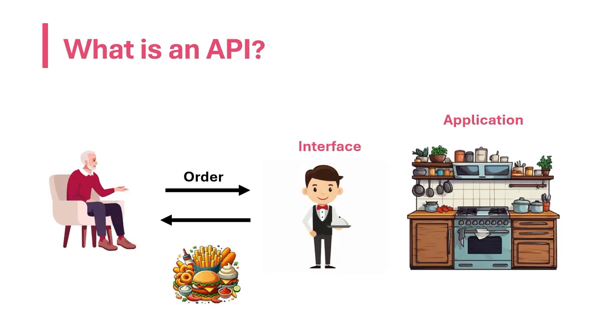So let's understand it in technical terms. Basically, when you give orders, in between there is a channel. In our example, it was a waiter, but in technical terms, it is an interface, and it goes to the application. Here, our application was the kitchen.